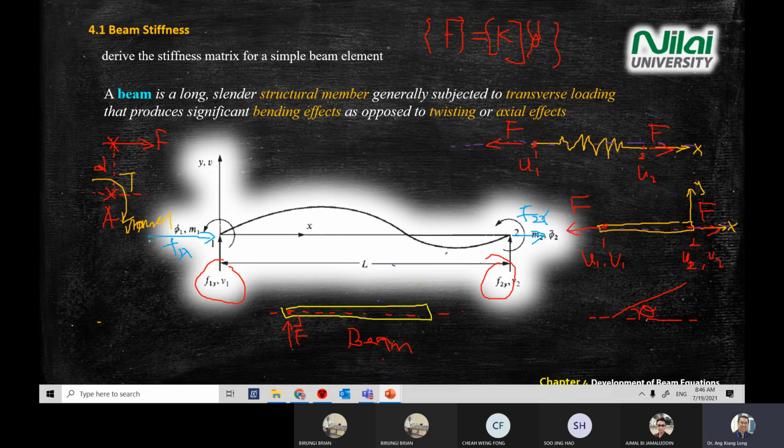However, this F1x and F2x do not contribute to the moment and twisting behavior, the angle and moment: angle 1 or moment 1, angle 2, moment 2. This F1x, F2x does not generate moment, so there's no torque in the structure if you have F1x, F2x.